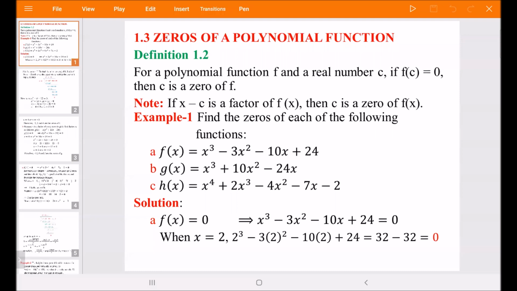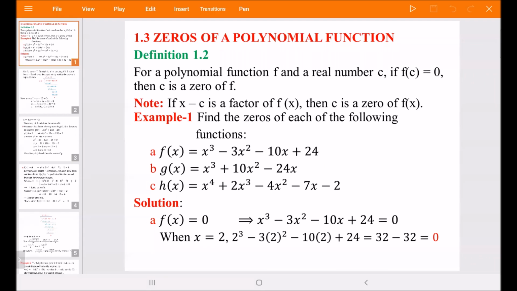So choose x equal to 2. What matters in finding the zeros of a polynomial of degree 3 is only getting one zero. I will tell you what to do after obtaining this zero.